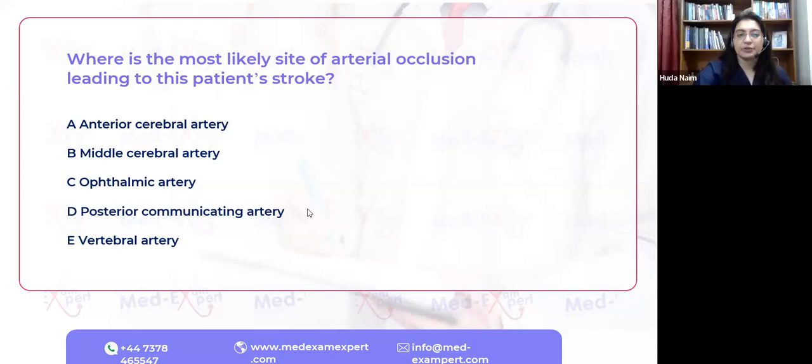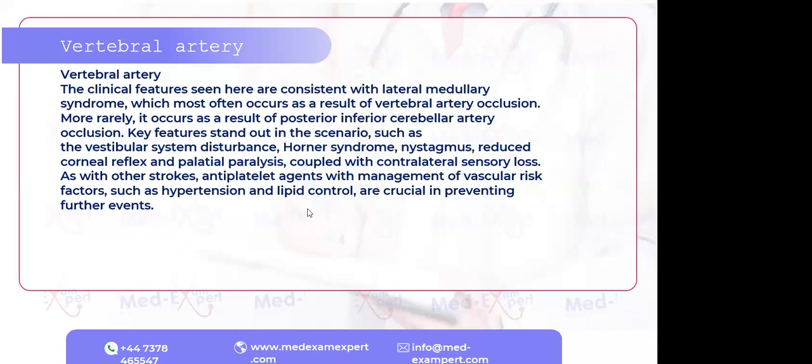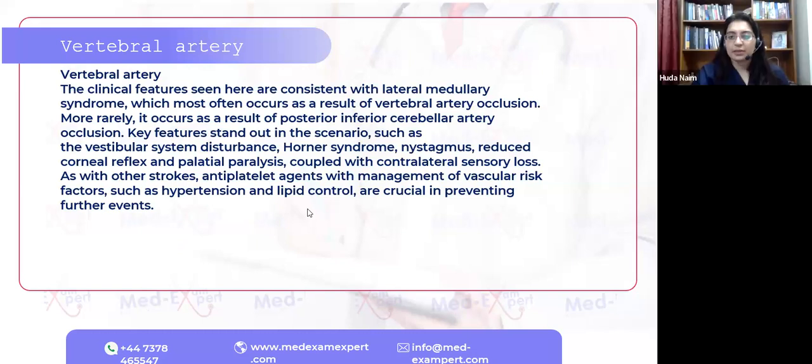It's the vertebral artery. It's the vertebral artery that has led to this syndrome, which is the lateral medullary syndrome, and very clearly done because of the cerebellar artery. Somebody answered that as well. So you have disturbances of the vestibular system.